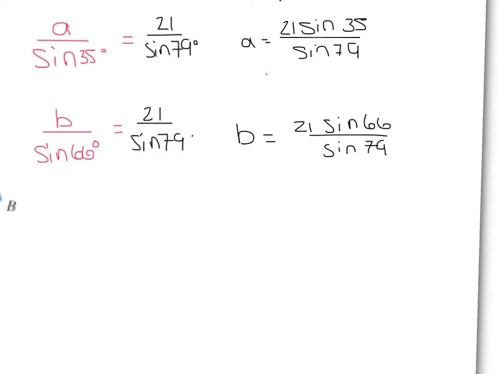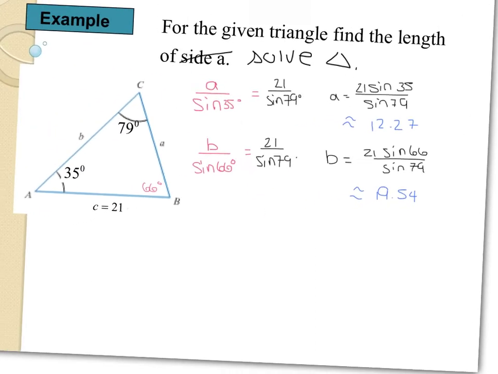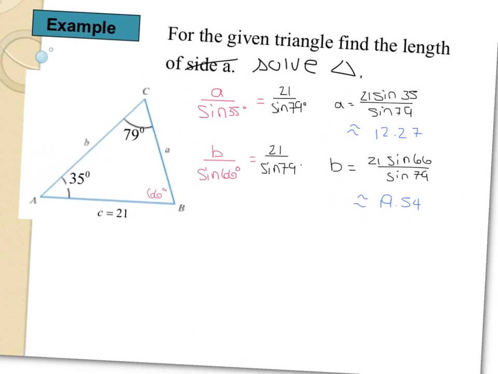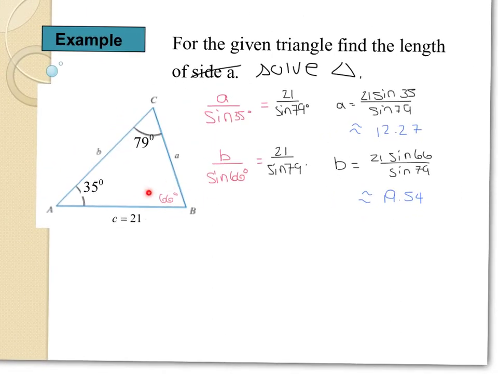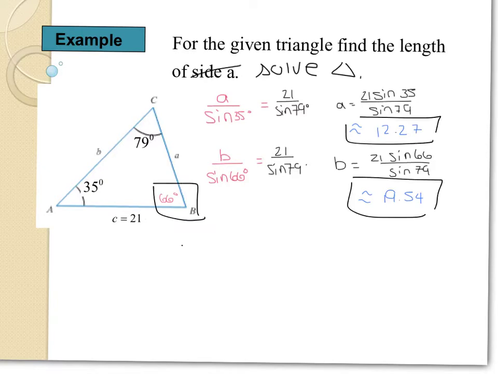Let's round to two place values. Alright, here are our solutions. We got little a is 12.27, little b is 19.54, and angle B is 66 degrees. So when we're solving the triangle, we're looking for all these components. So let's just put this in a box, and that's our solution.